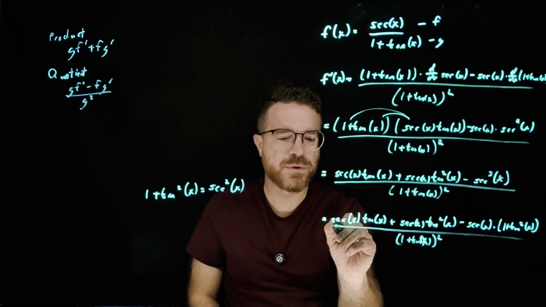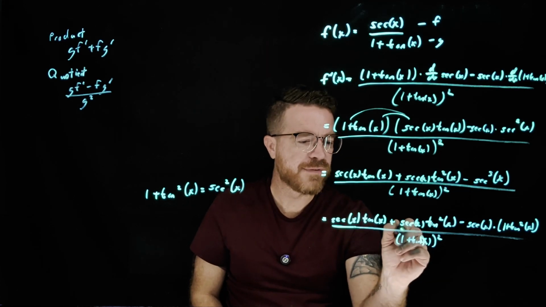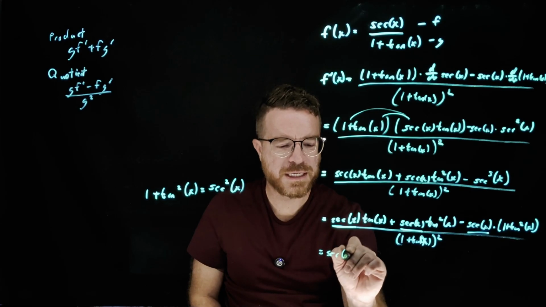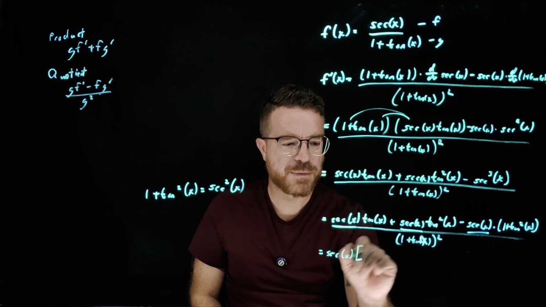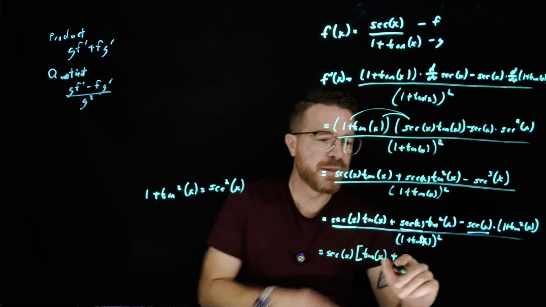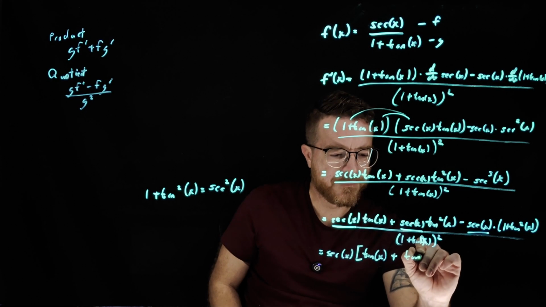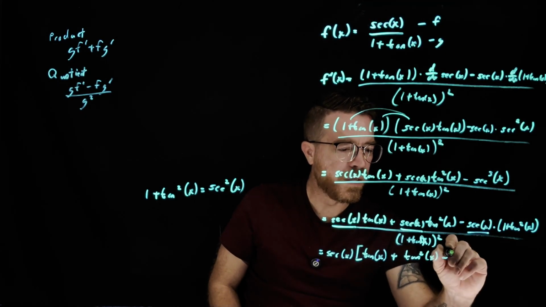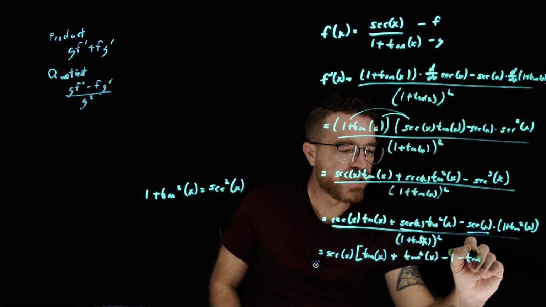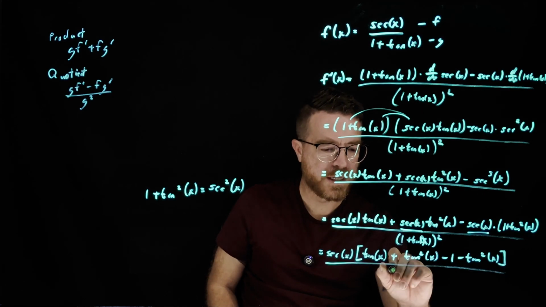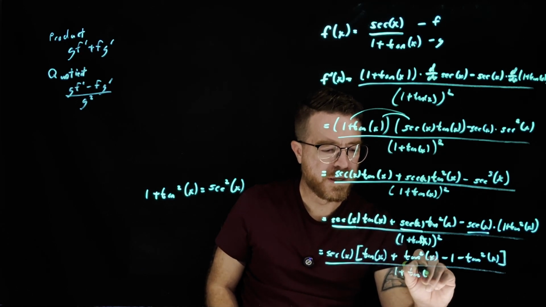Well, it's because now, if you look at this, I have secant here, secant here, secant here. So if I were to pull secant x out, this is going to be tangent x plus tangent squared x minus 1 minus tangent squared of x, all divided by (1 plus tangent of x) squared.